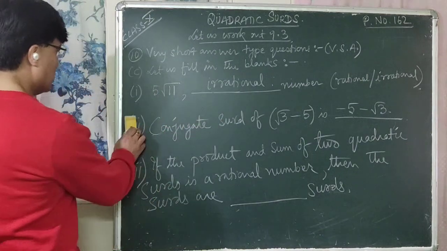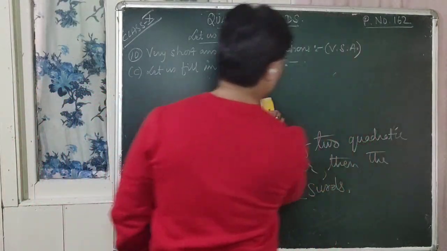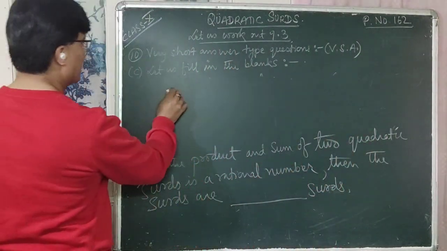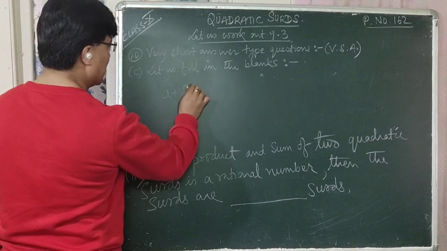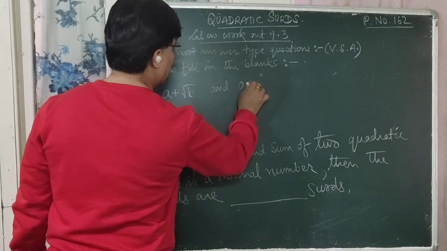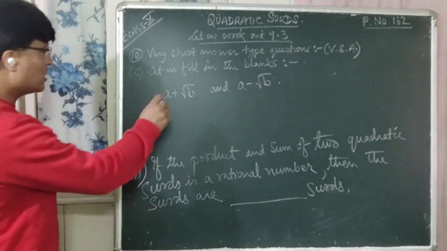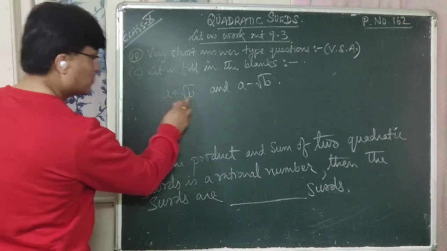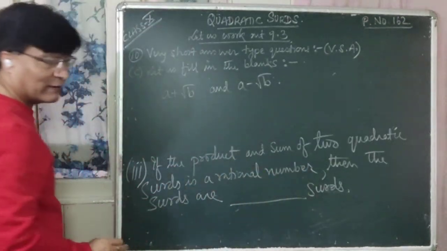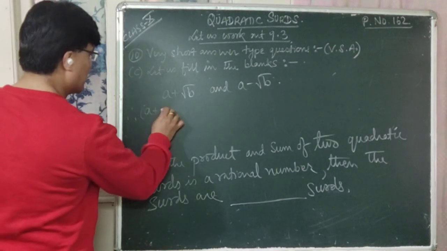Okay. So now let us take an example. Suppose one of the quadratic surds is a plus root b, and the other one is a minus root b. So what is the product? Its product should be a rational number, right? It should be free from square root. So let us find out its product.